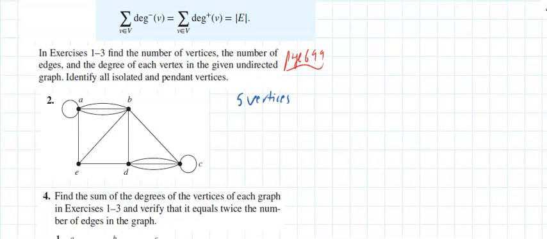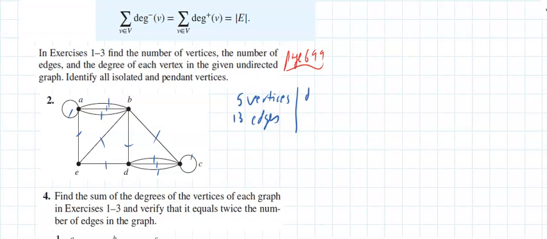The number of edges, well, let's see how many edges we have. No, not that one. Let me count that one last. 1, 2, 3, 4, 5, 6, 7, 8, 9, 10, 11, 12, 13 edges. What is the degree?